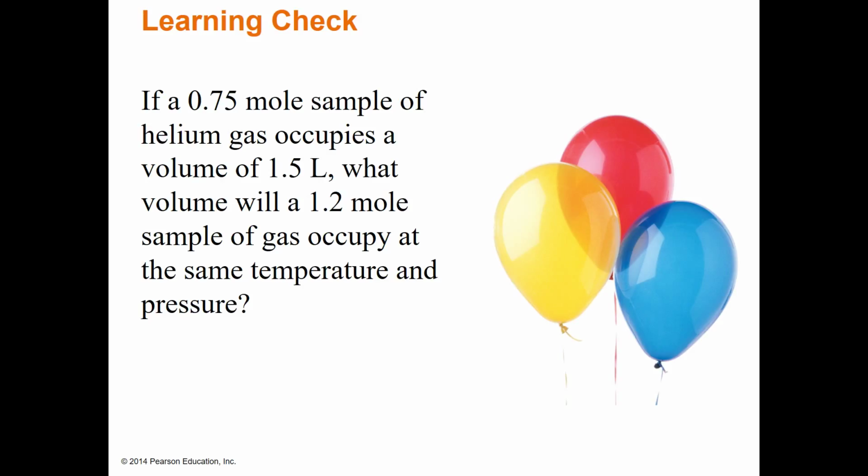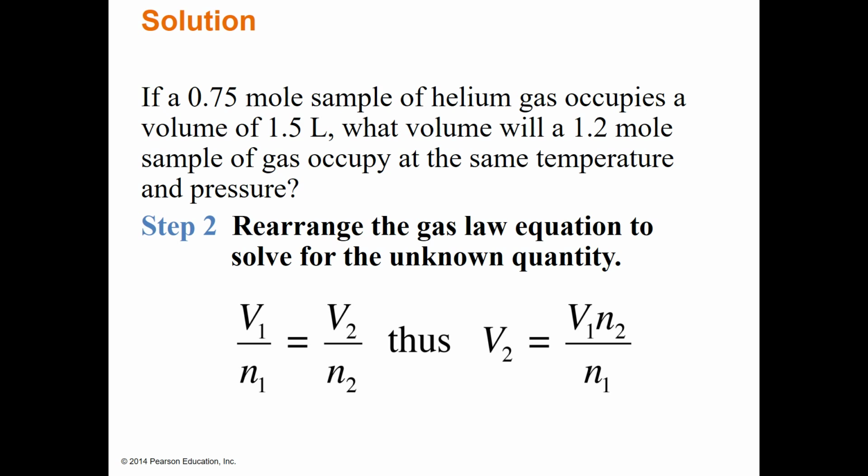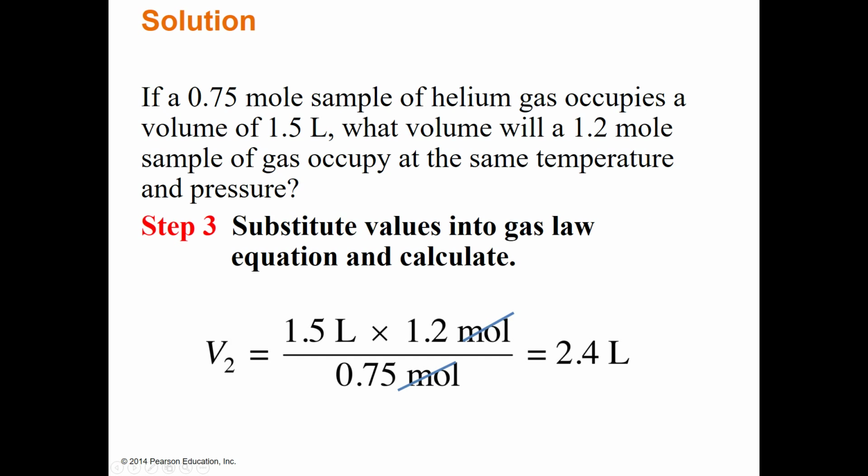Let's see. Number of moles, 0.75, divided by 1.5, and then 1.2 divided by volume 2. So for volume 2, once again you're cross multiplying just like before, and it's times the 0.75 moles. The numbers here are 1.2 times 1.5.